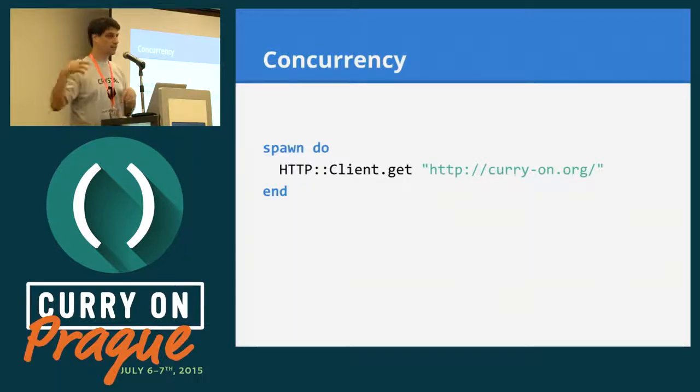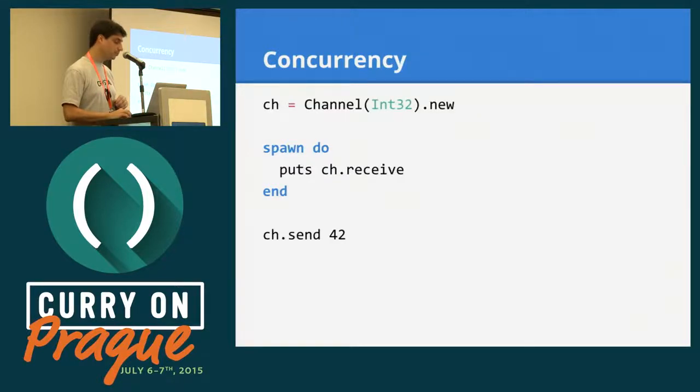And when the data comes in, for example, through the network, the language runtime will schedule that fiber back in. So you don't have to deal with callbacks like in Node.js or things like that. You just write linear code, and the language runtime will figure out how to schedule the fibers.